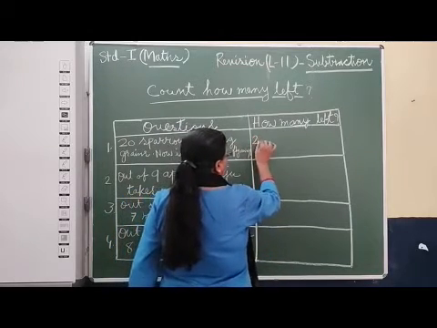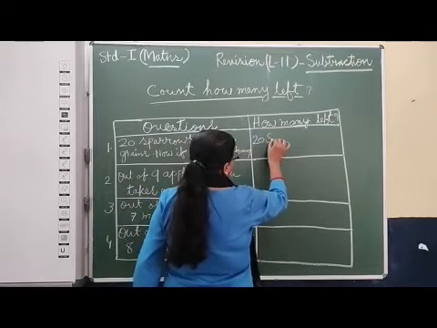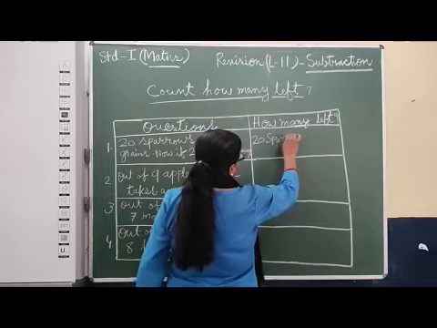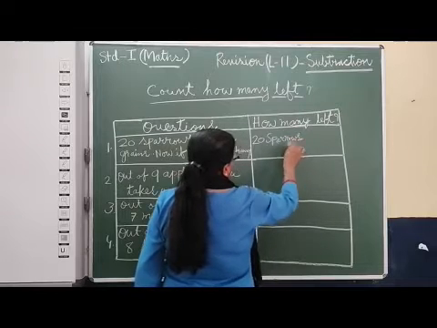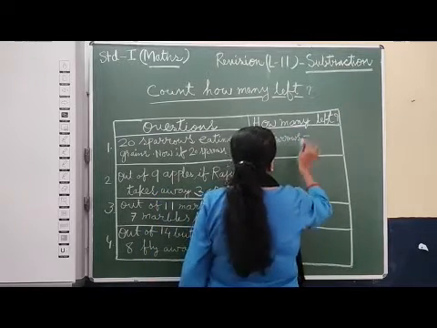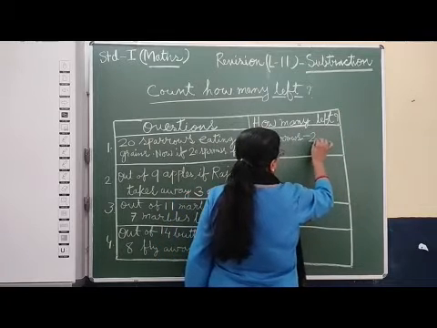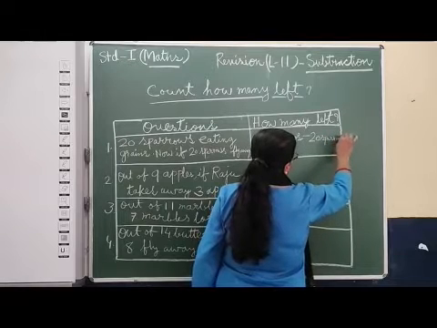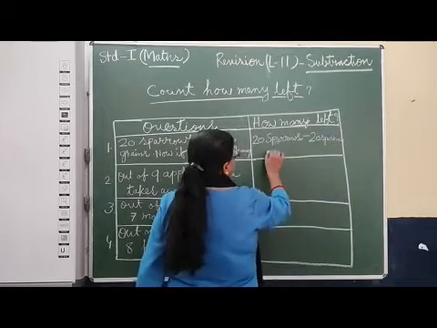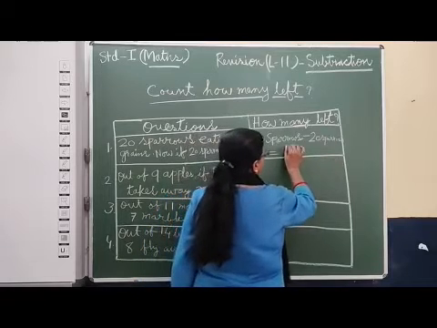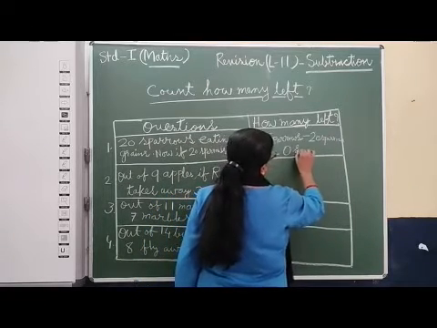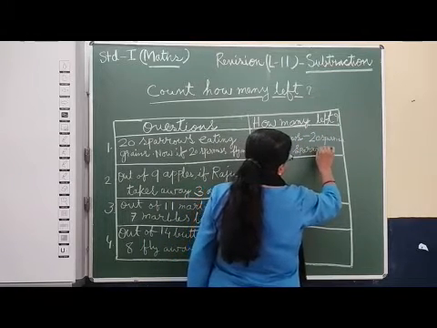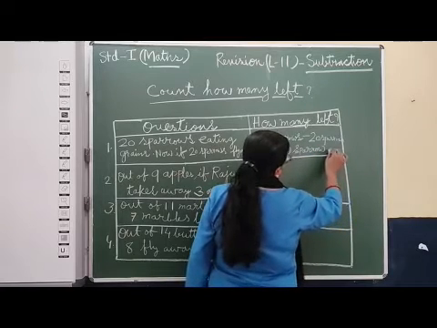First, 20 sparrows, S-P-A-R-R-O-W-S. 20 sparrows minus 20 sparrows fly away. 20 sparrows is equal to 20 minus 20, 0 sparrows left.